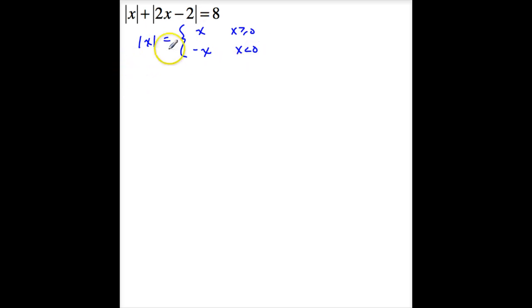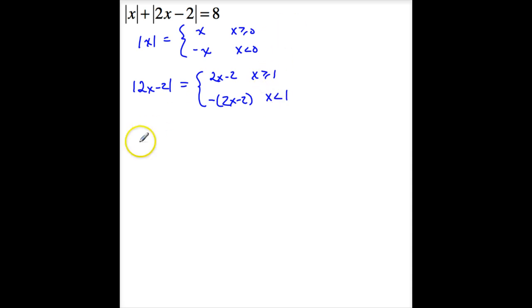For the second function, the 0 here is going to be when x equals 1. So the absolute value of 2x minus 2 is equal to 2x minus 2 for x greater than or equal to 1, and it's equal to minus 2x minus 2 for x less than 1.